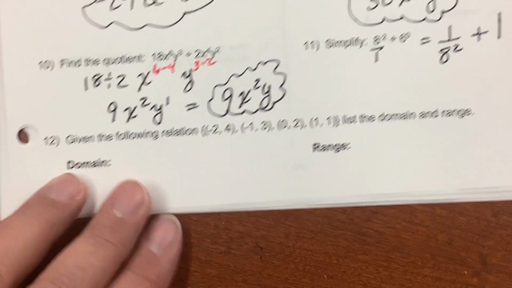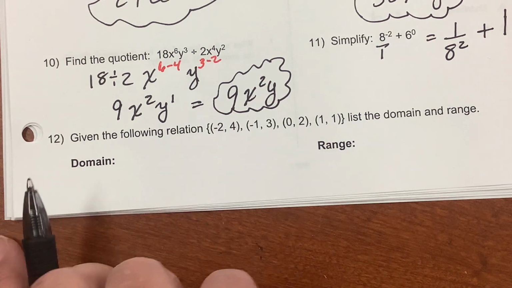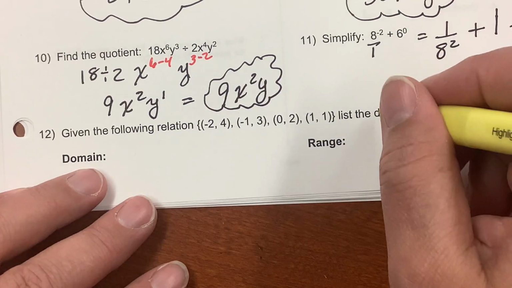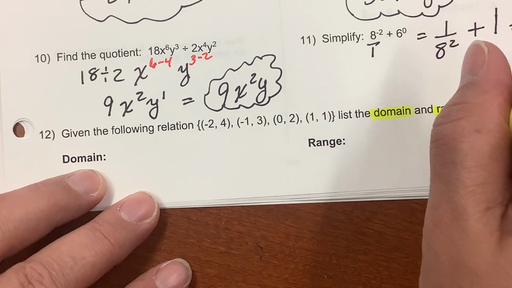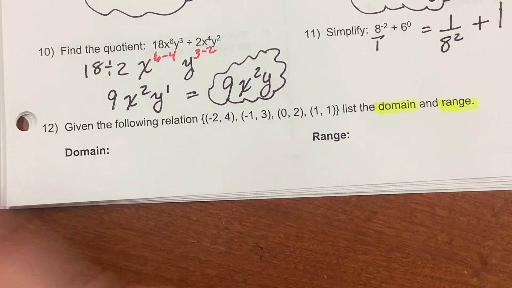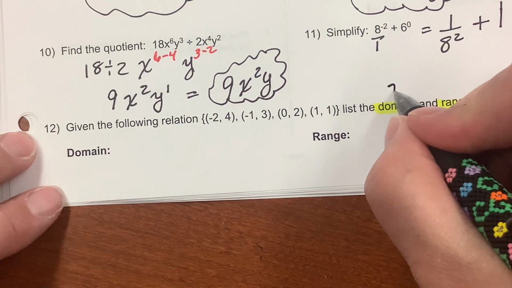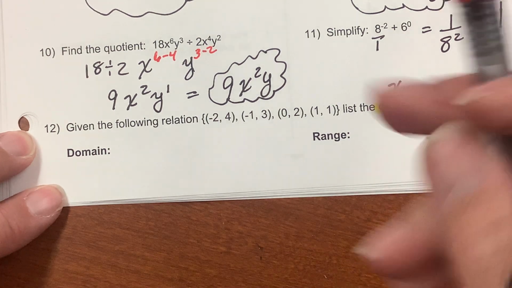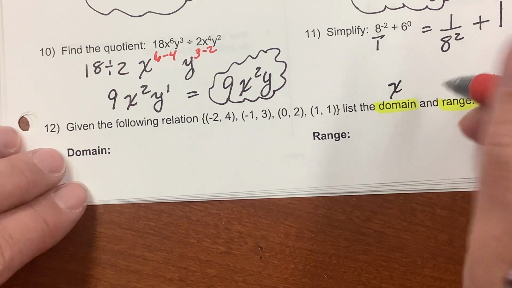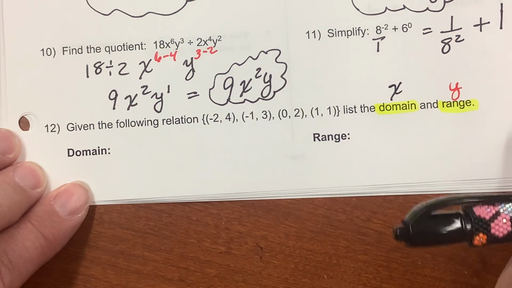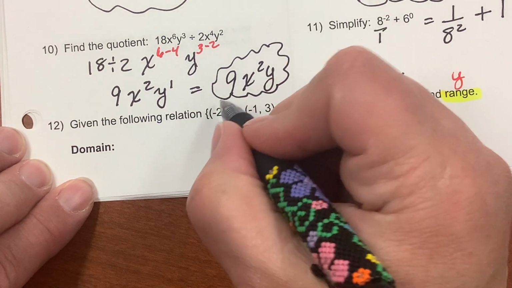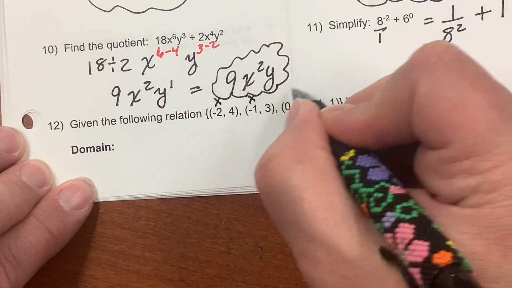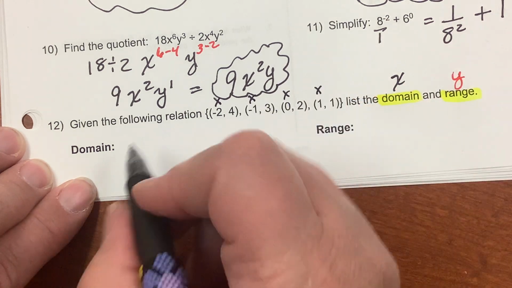All right. Given the following relation, list the domain and the range. It's alphabetical. Domain is the x's, range is the y's. So I'm going to do the x's with a black pen and the y, the range, with a red pen. Probably should use yellow, but whatever. Domain x, x, x, x.